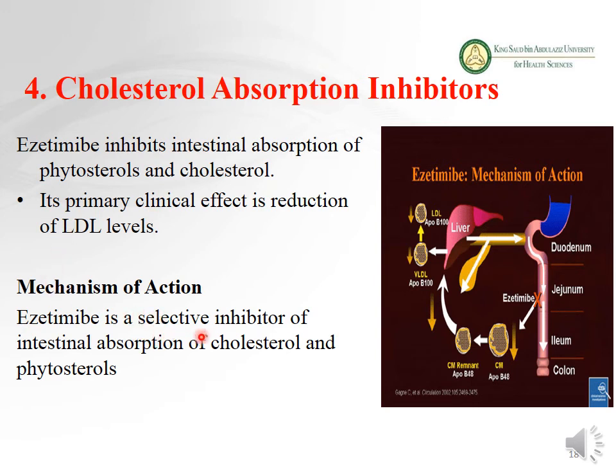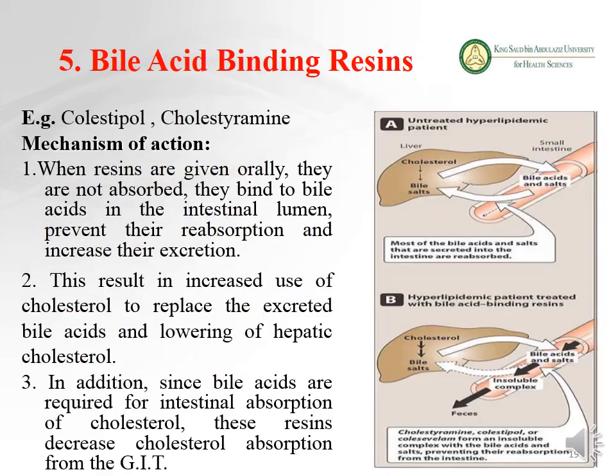It selectively inhibits the intestinal absorption of cholesterol and phytosterols. So they mainly act in the GIT, and their side effects are also related mostly to the GIT, like constipation or complaints like heartburn, dyspepsia, flatulence.